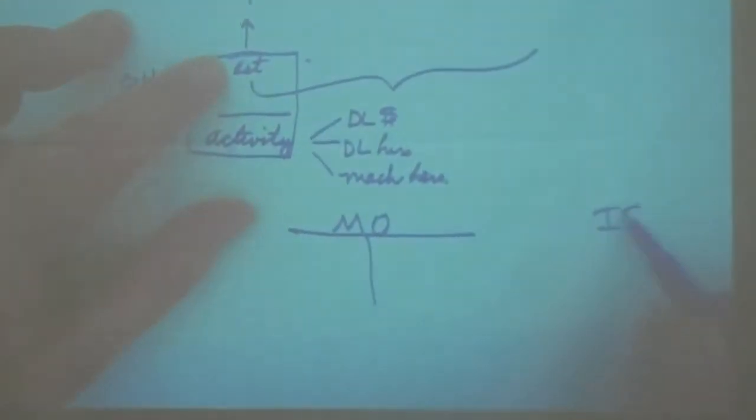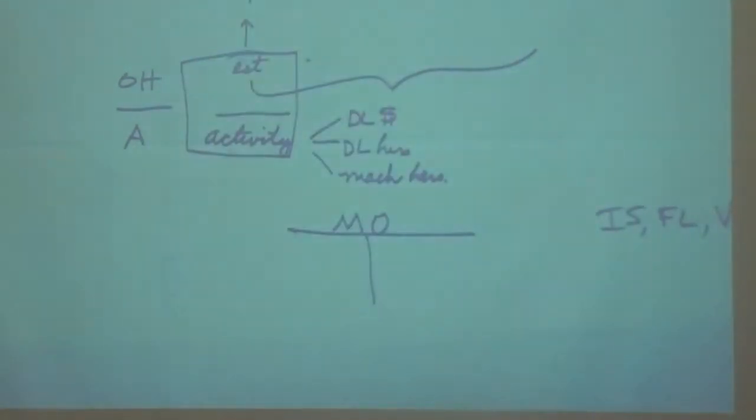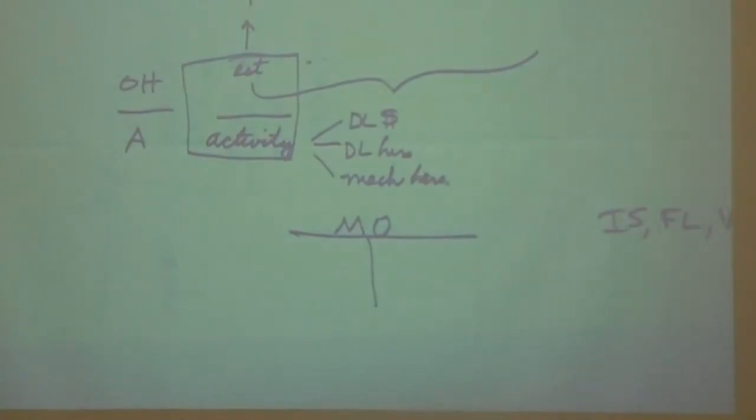Factory labor. Let me make that list. Income summary, factory labor, any of the variance accounts, and maybe some others, manufacturing overhead, are all accounts that we gather up information and that we allocate someplace else.